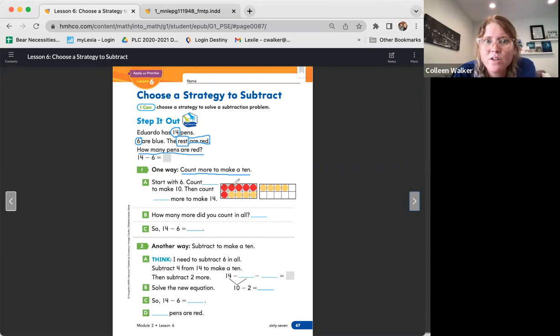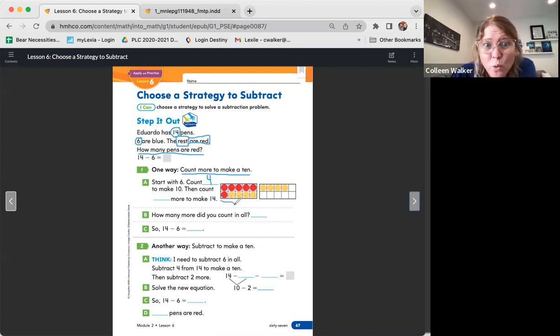So 1, 2, 3, 4, 5, 6. Let's see how many more we need to count to get to 10. Ready? 1, 2, 3, 4. We had to count 4 more to make 10. Now we're going to count how many more to make 14.